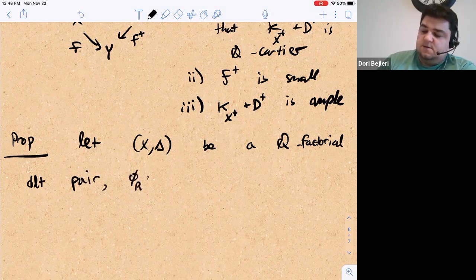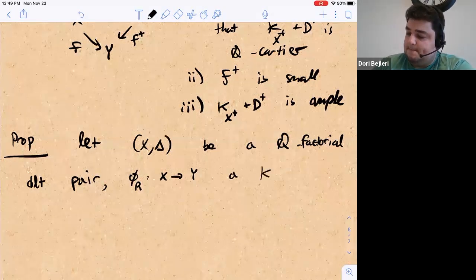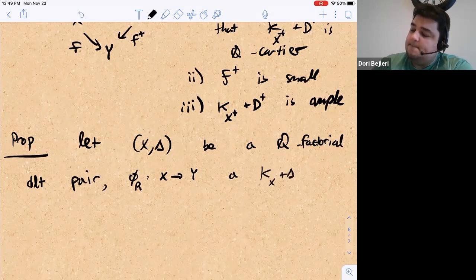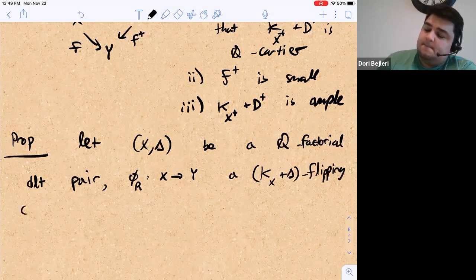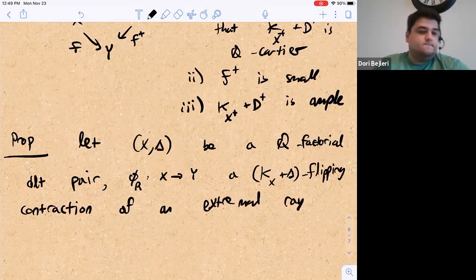Let φ be a contraction of an extremal ray that's also a flipping contraction.